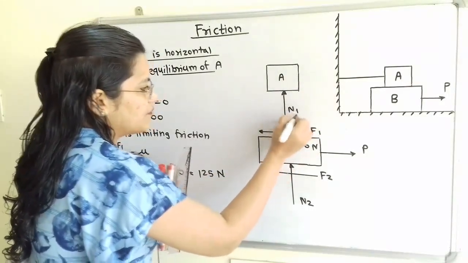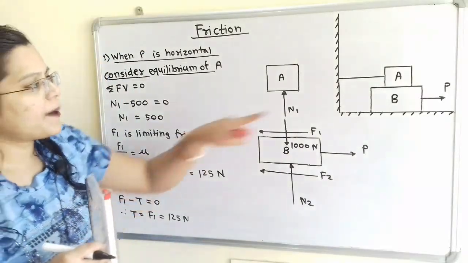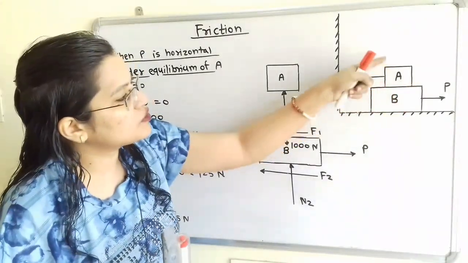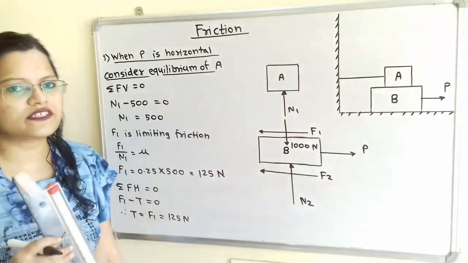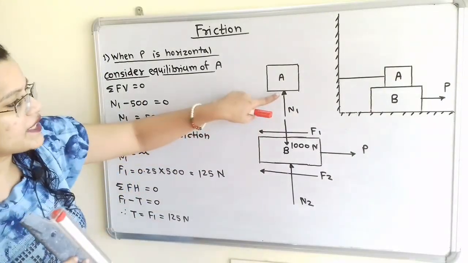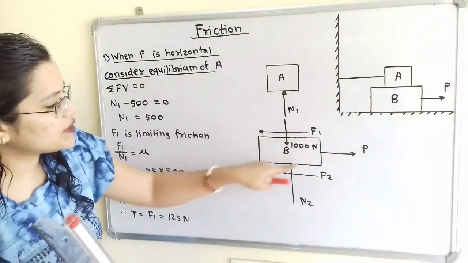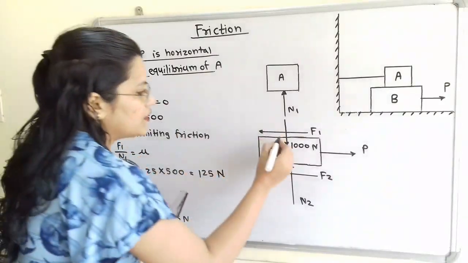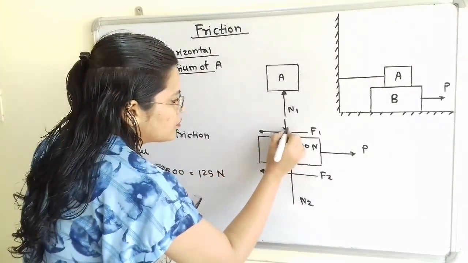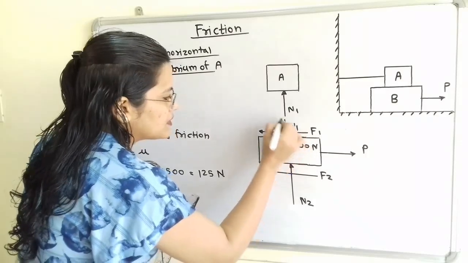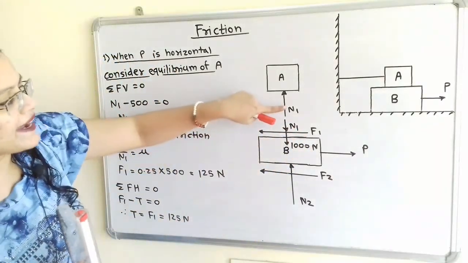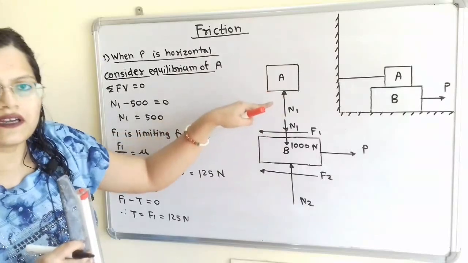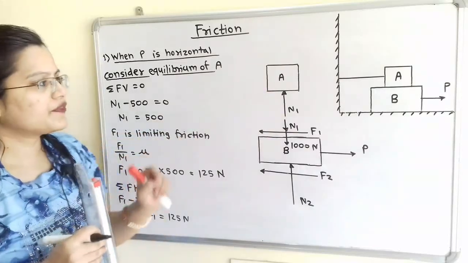So here is N1. Now this upper surface of B is also in contact with the lower surface of A. So this N1 also acts on the block B but in opposite direction. So I will show this N1 which is in opposite direction. So its magnitude is same but direction is opposite.